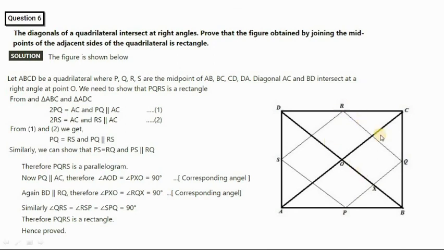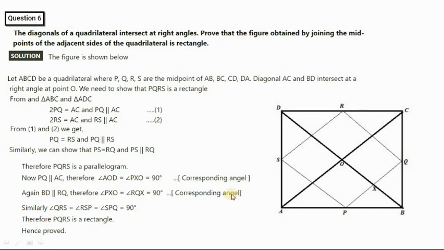Again here this angle and this angle are called corresponding angles and they will be equal. And how much is this? Just now we proved that this is 90 degree, so this is also 90. That's why it is written PXO. PXO means this angle will be equal to RQX, which is this one. Both of them will be equal to 90 degree because they are corresponding angles.